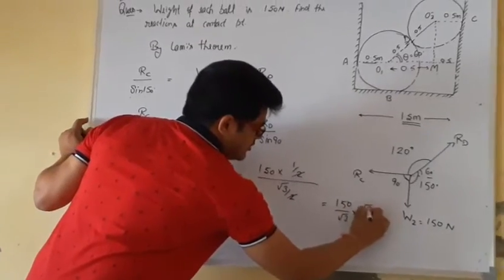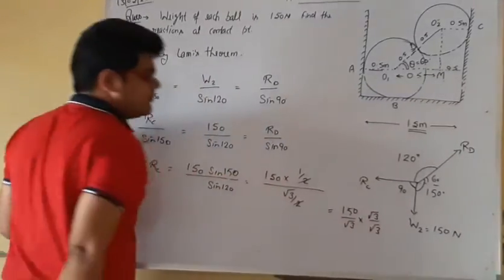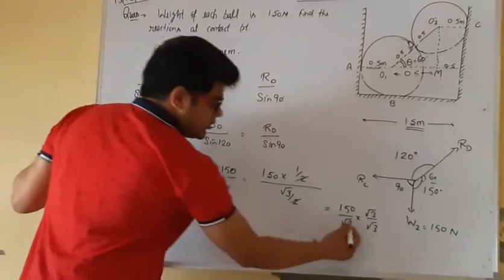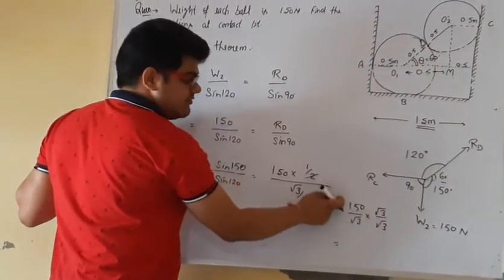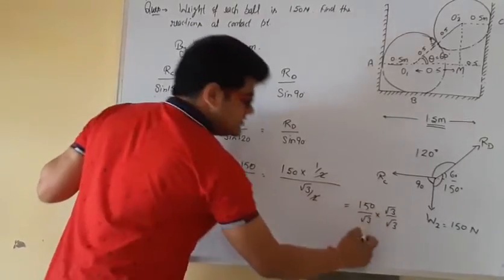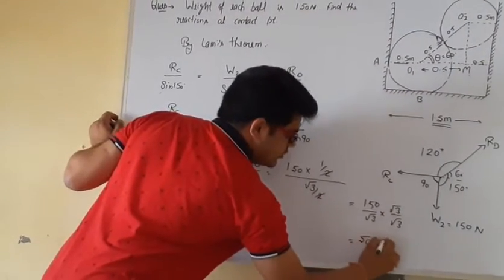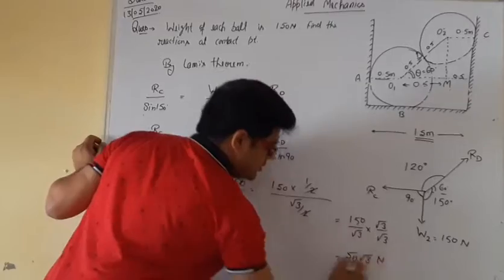Now multiply and divide by root 3. Root 3 into root 3 is 3, and 150 divided by 3 is 50, so the value is 50 root 3 Newton.